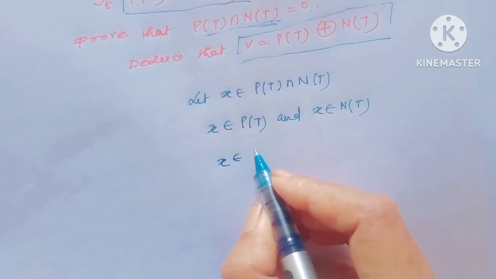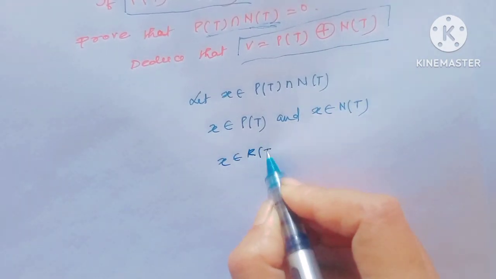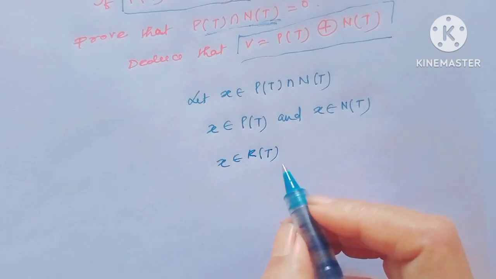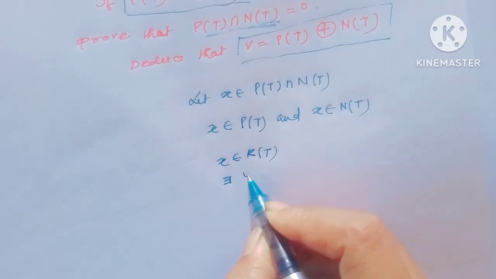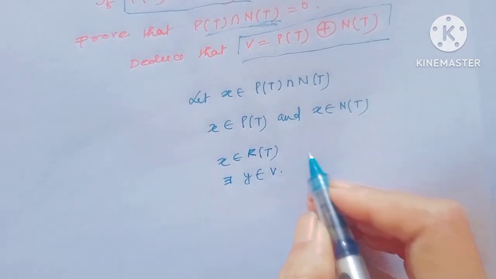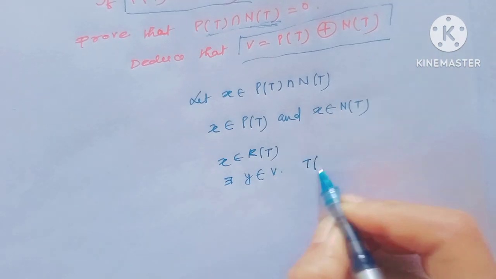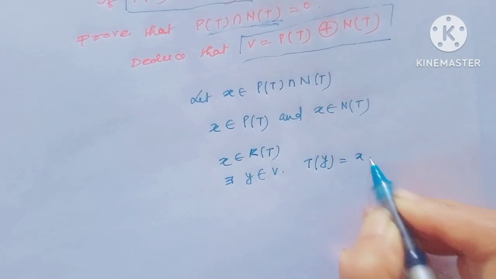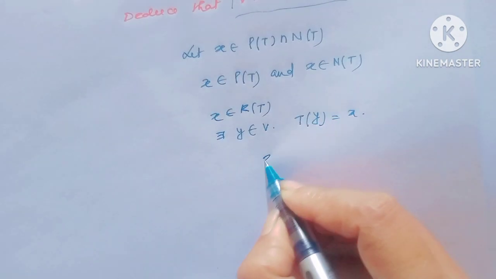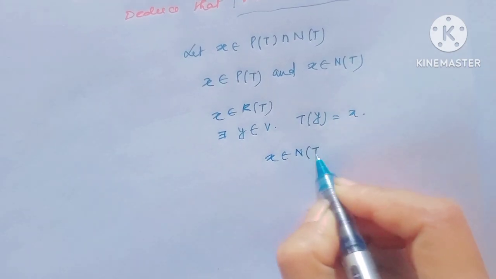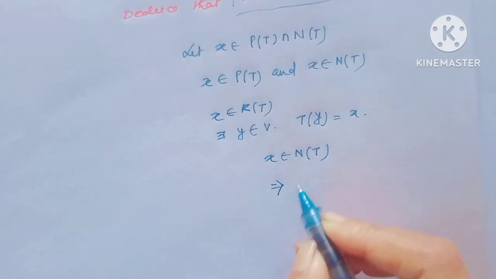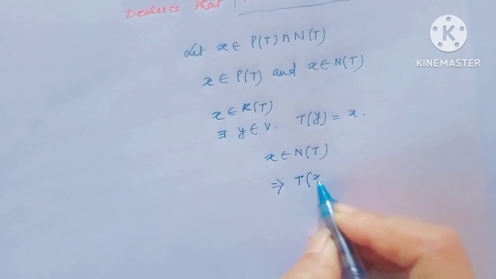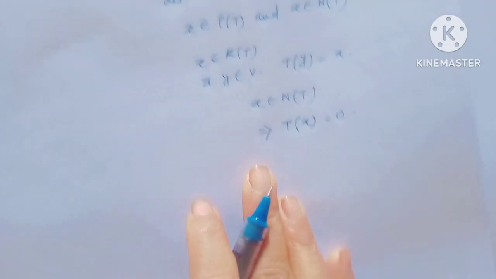X belongs to range T. That implies there exists Y belonging to V such that T of Y equals X, and X belongs to null space of T. That means T of X equals 0.